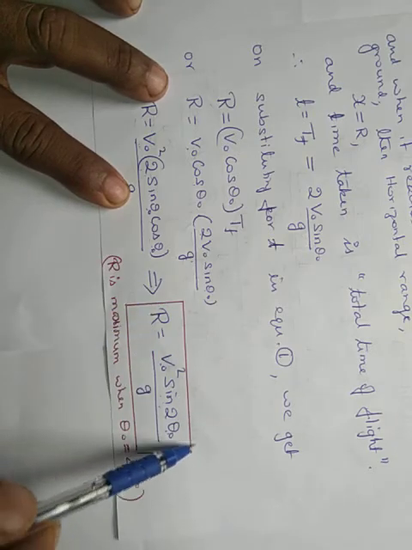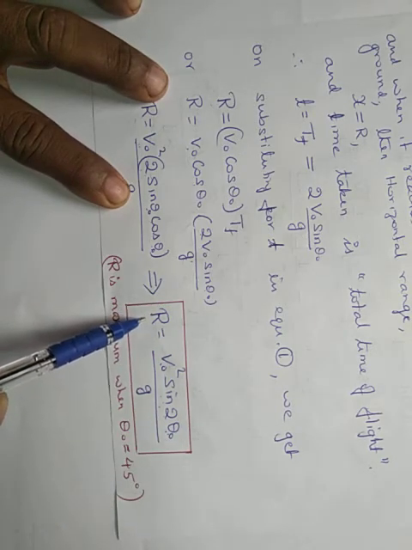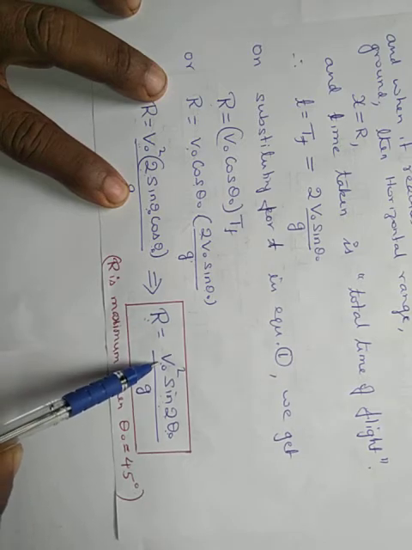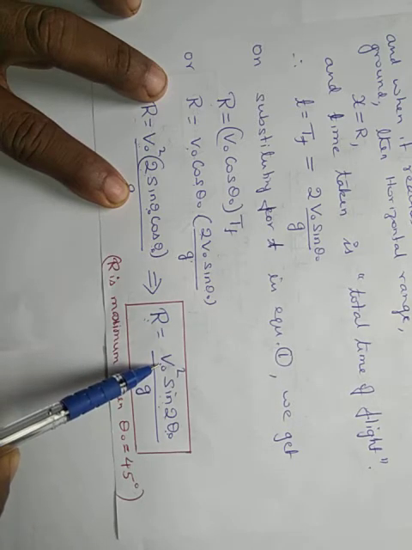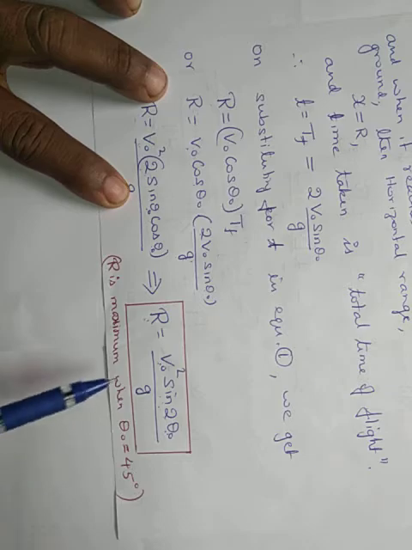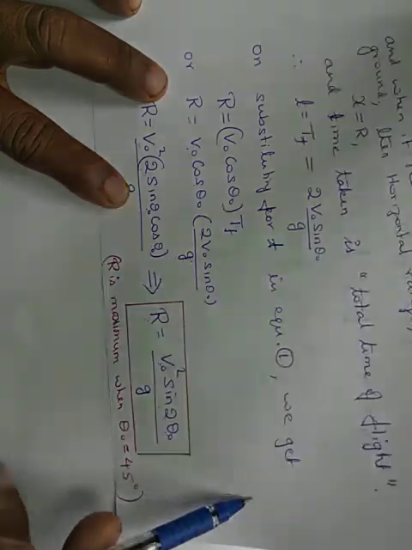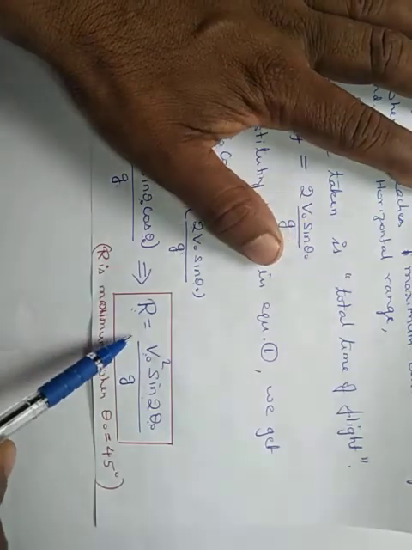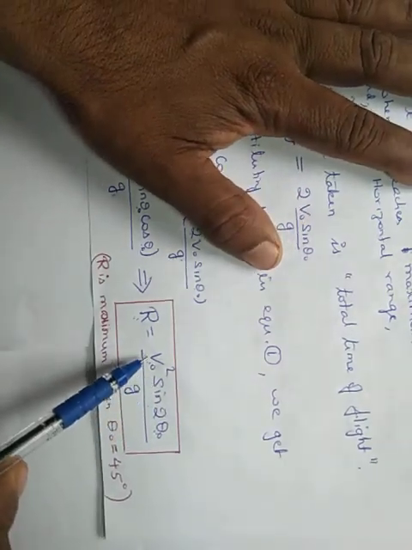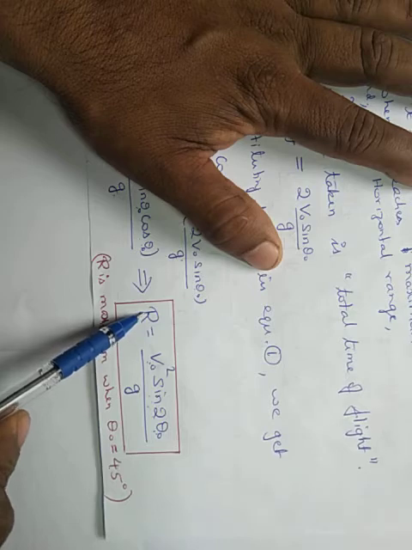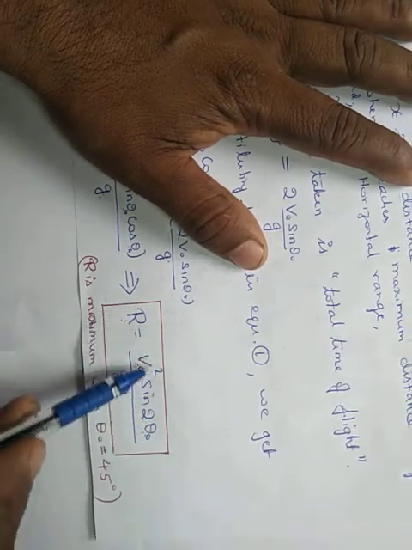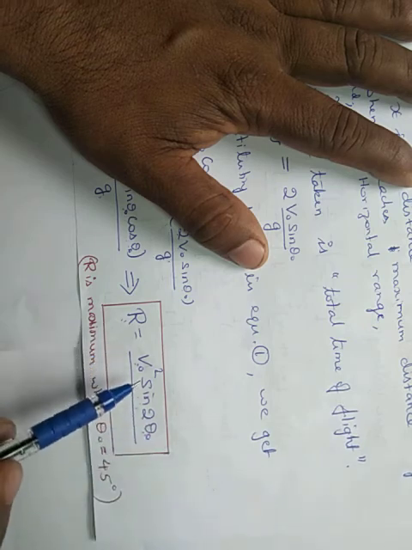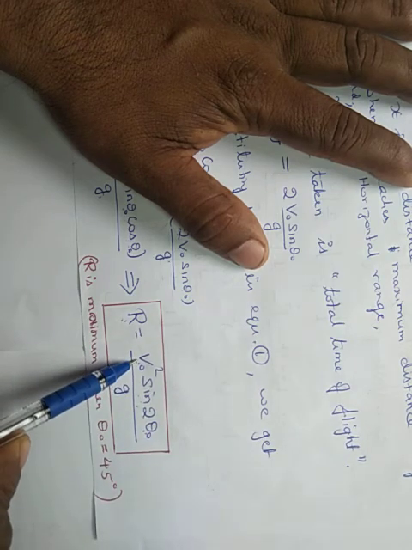So when R is maximum, when the range is maximum, the initial velocity must be more. You have to throw with more velocity, then it will reach maximum distance. When you throw the cricket ball or the shot put, when it reaches the maximum distance, the initial velocity must be more.